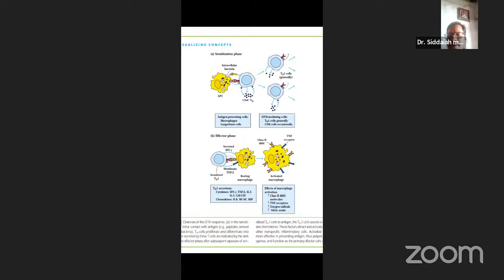The activated macrophage actively engulfs the antigen complex, and the entire antigen presenting cell is engulfed and phagocytosed by this type of reaction. This reaction occurs only when intracellular pathogens are present.